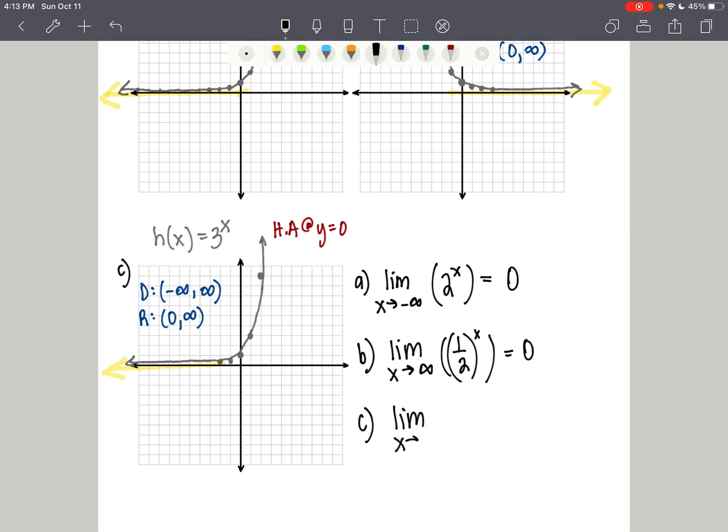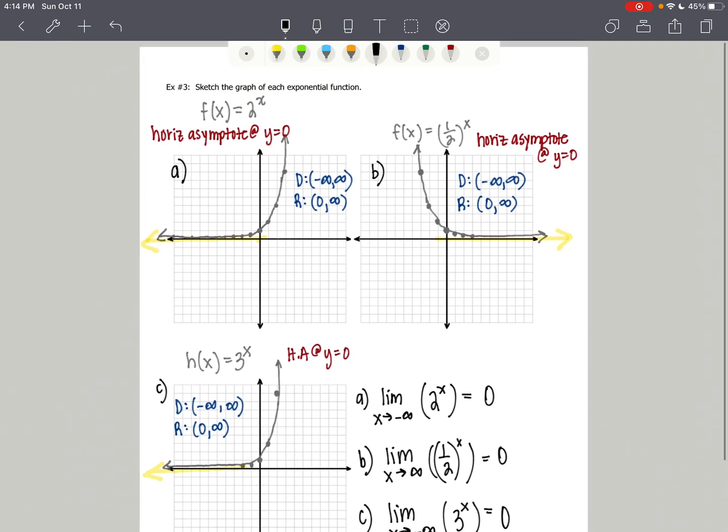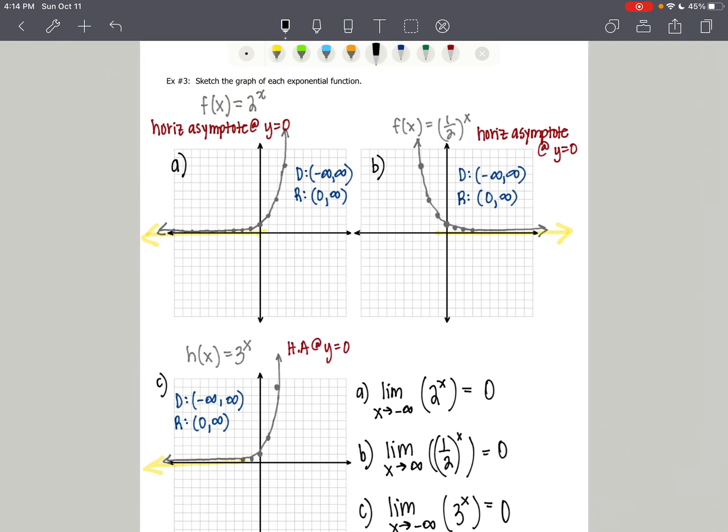The limit as x approaches negative infinity of 3 to the x is equal to 0. And those are our exponential functions that have horizontal asymptotes that can be written as a limit as x approaches positive or negative infinity.